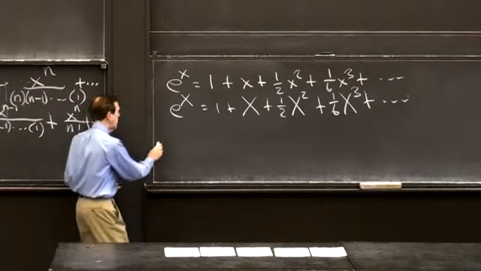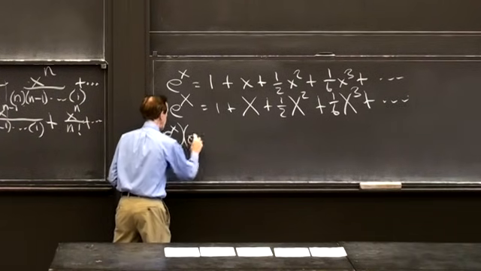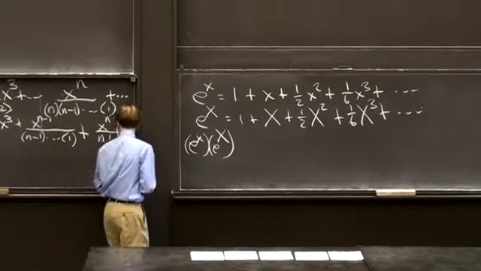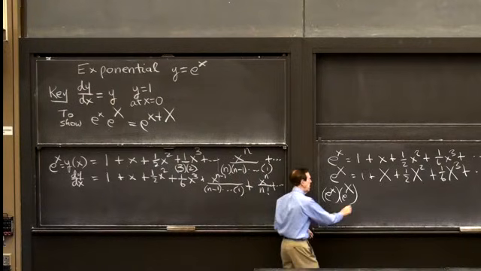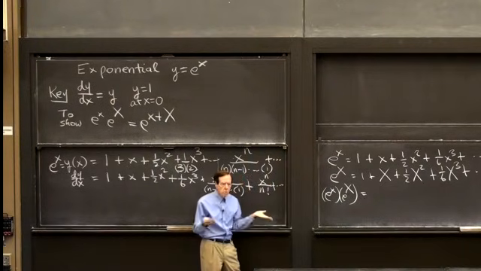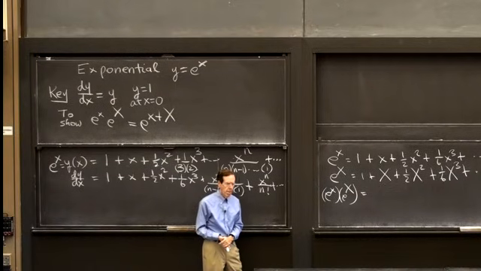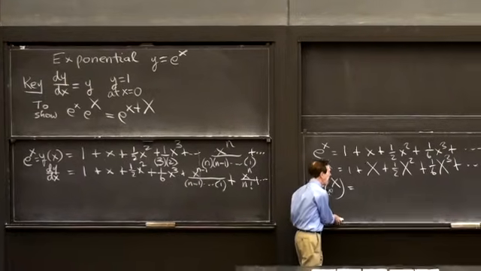Let's multiply these: e to the x times e to the capital X, because that's what I'm interested in knowing. Can you just do all the multiplications? And we'll see what we get.